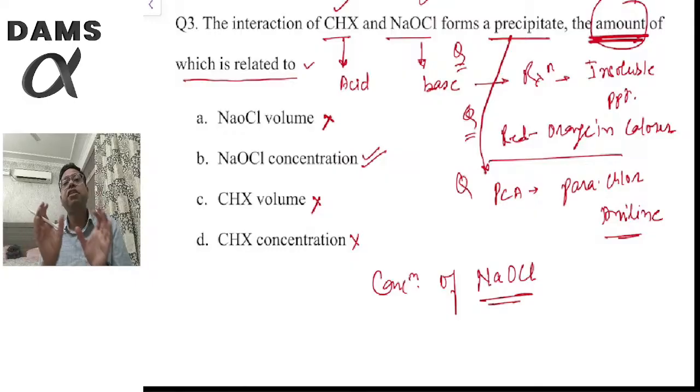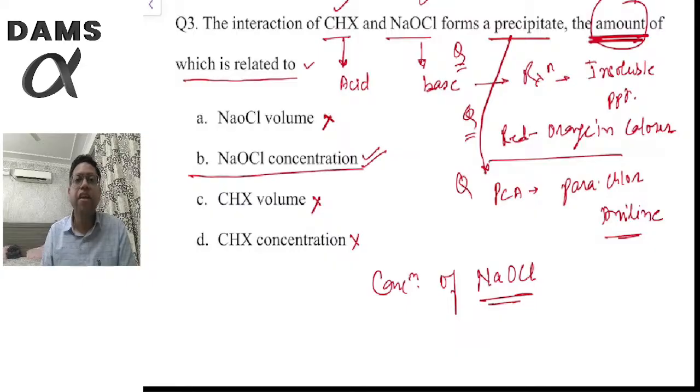No matter how the interaction is occurring between the two substances, the primary factor responsible for how much of the precipitate would be formed is the concentration of sodium hypochlorite. And the higher the concentration of sodium hypochlorite, the more precipitate would be formed. Option B would be the answer to question number 3.